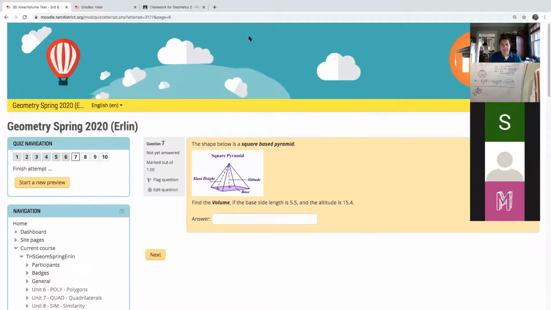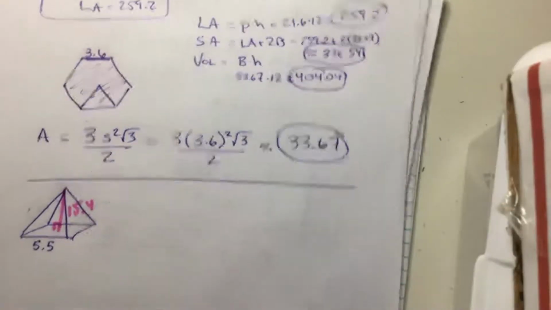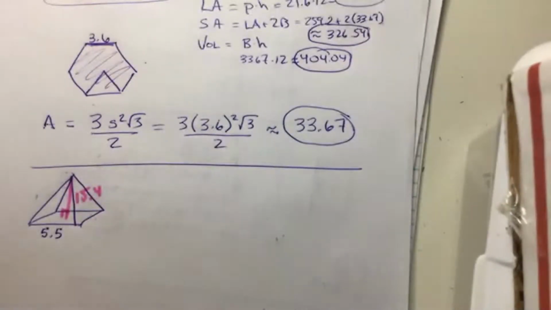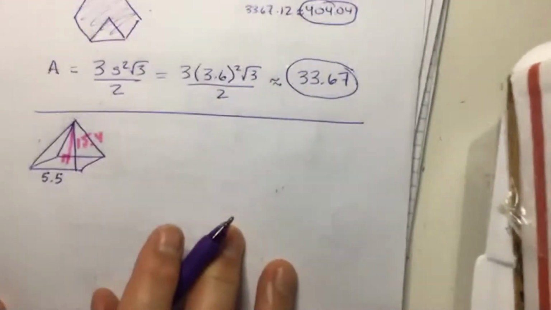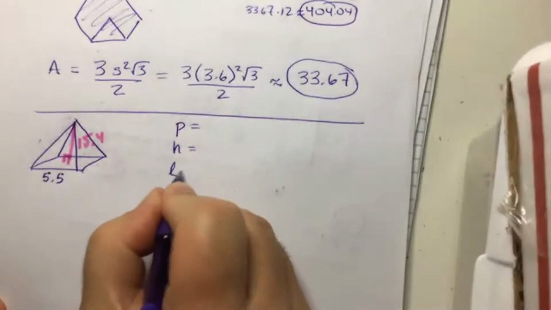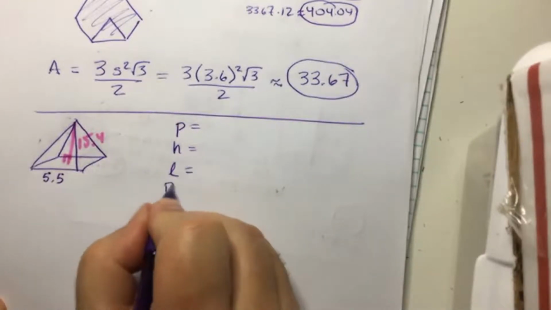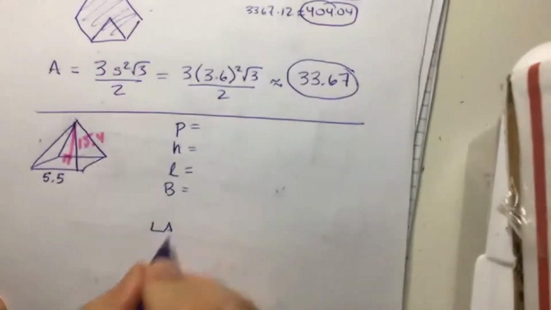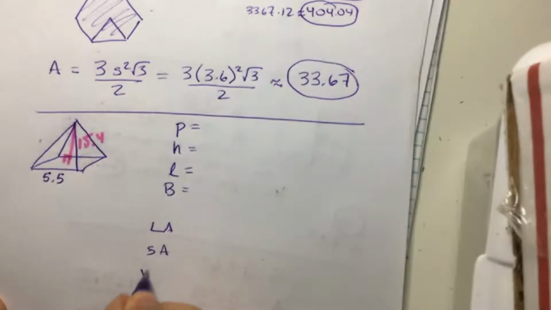So I'm going to go back out so we can see what I'm drawing. And I do the same thing, but I'm going to do a little different. I'm going to say P equals, H equals, L equals, a slant height. B equals, and then I do lateral area, surface area, volume.